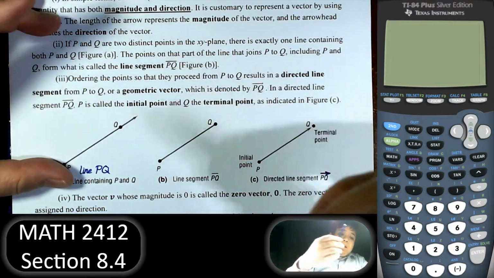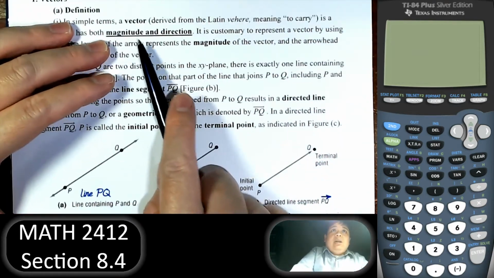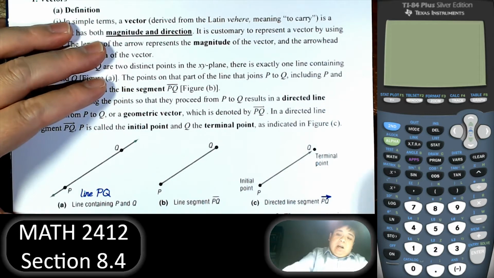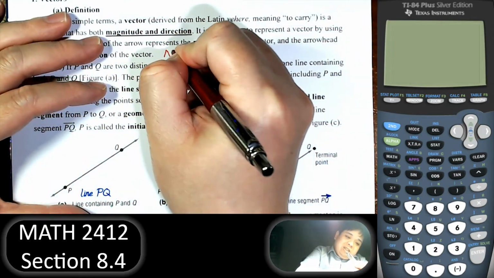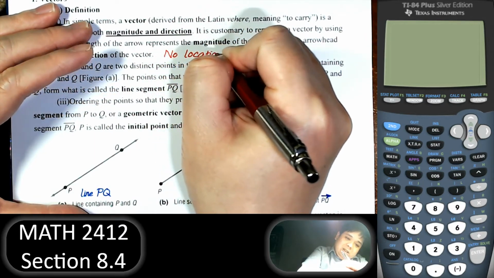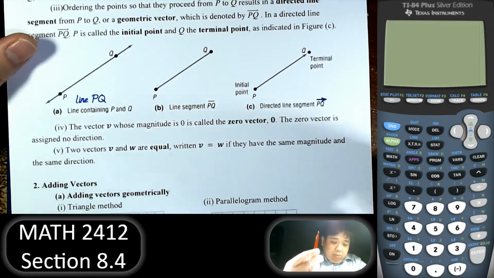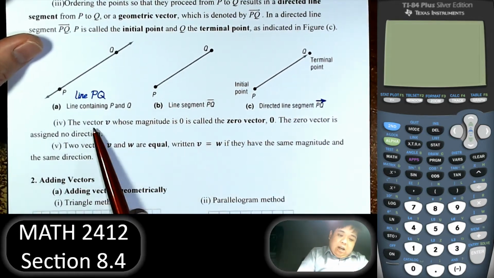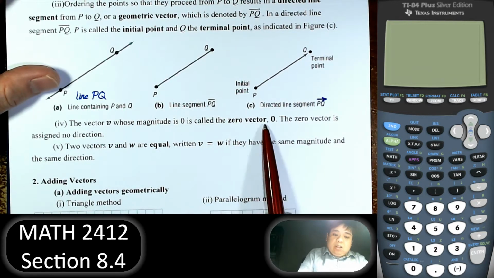But what we have is that a vector has a magnitude and a direction. Most importantly, it has no location. So what do I mean by that? Well, before I go to that part, the vector v whose magnitude is 0 is called the zero vector.